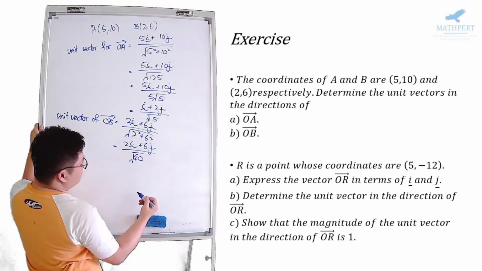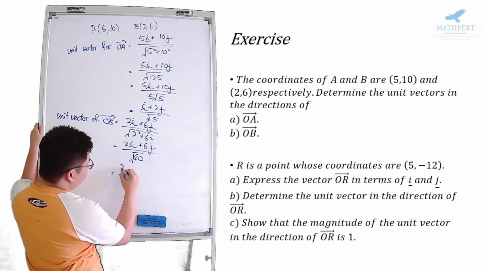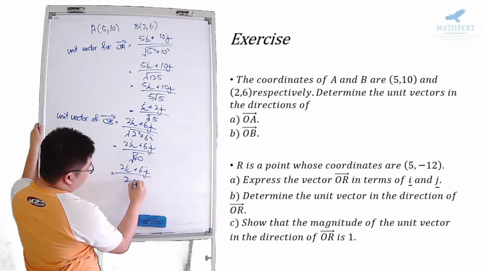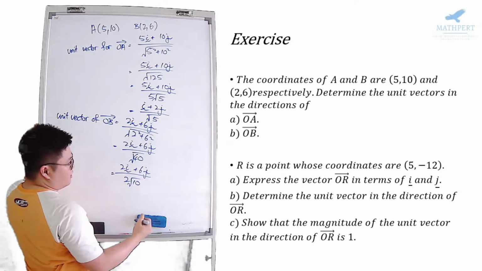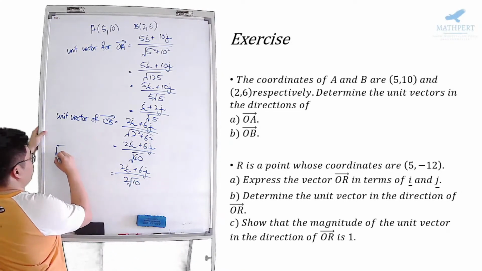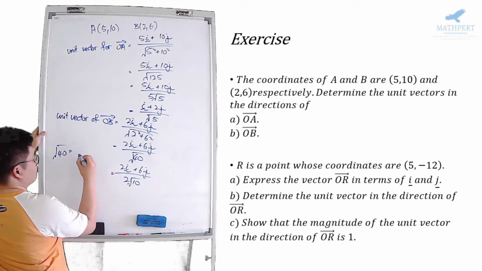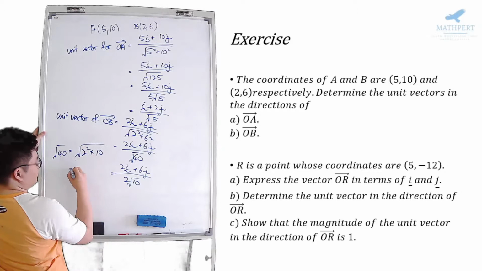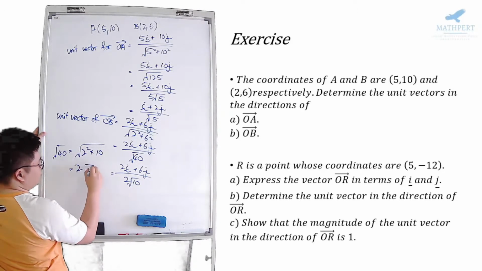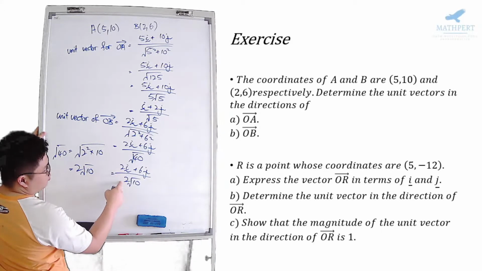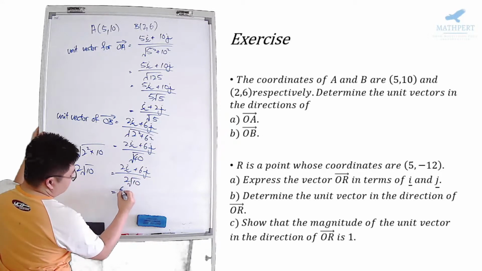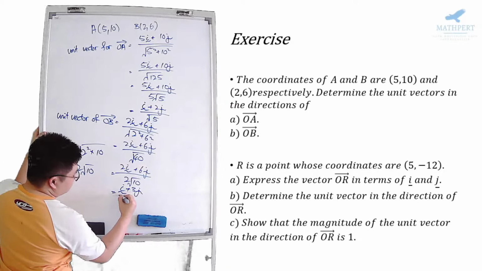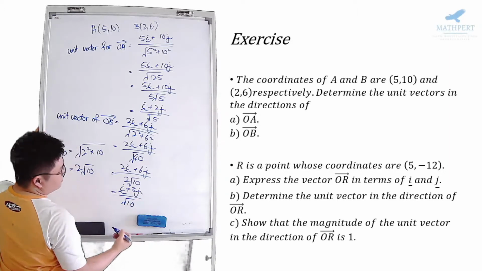Square root 40 is equal to 2 square root 10, since 40 is 2 squared multiplied by 10. So 2, 2 and 6, I'll get i plus 3j over square root 10.